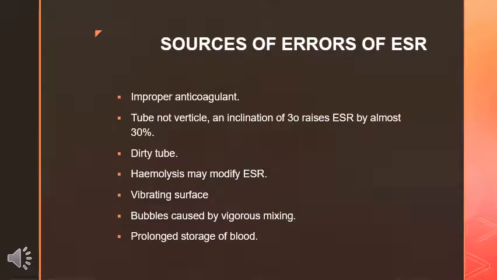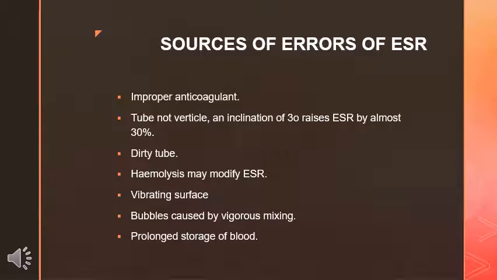There are chances of error in ESR value due to improper anticoagulant. If the anticoagulant is not properly used or not properly mixed, or the ratio is not proper, then values will be disturbed. And if the tube is not vertical, it can also raise your ESR values.